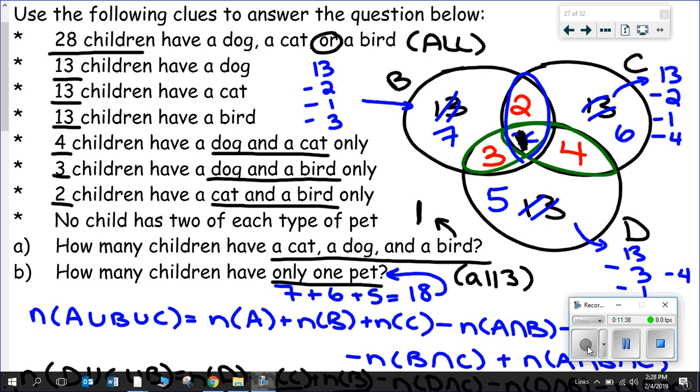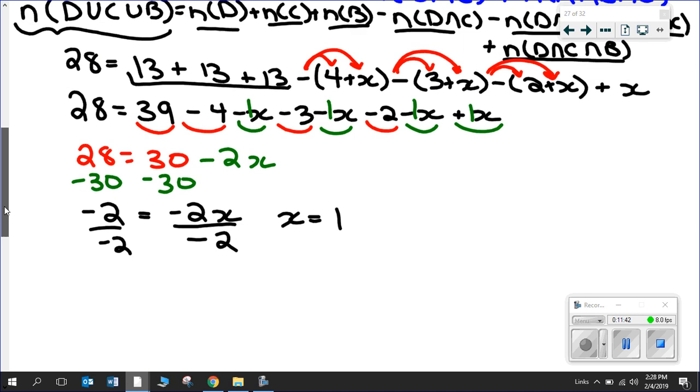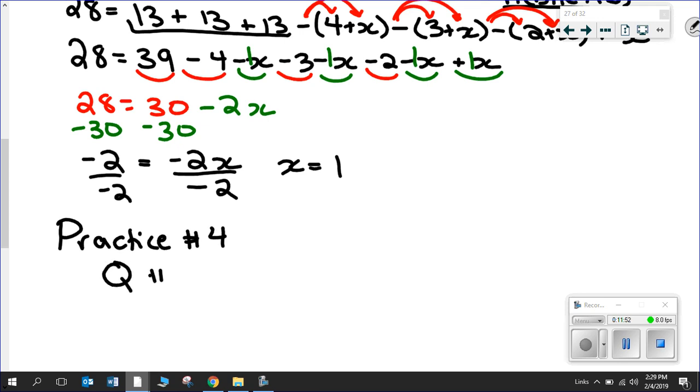So in terms of practice number 4, the questions that have to do with this example, what you should try. So if you go to practice 4 in your textbook, you could try questions number 1, 3, 7.